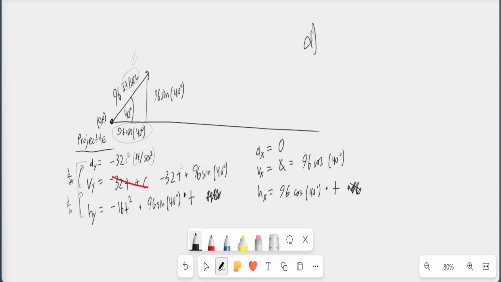So if you think about it, when the projectile is being shot, the velocity is going to go from positive to negative and then hit the ground. So when the velocity is 0, it's not going to go up anymore. This is where IVT comes in.